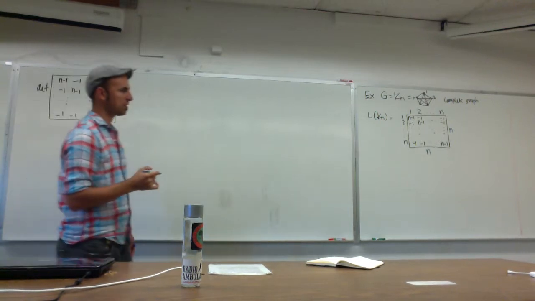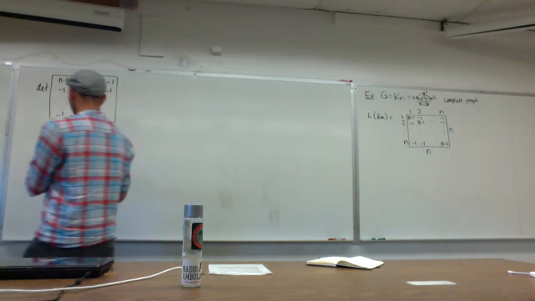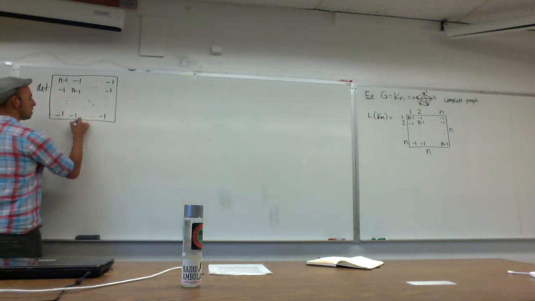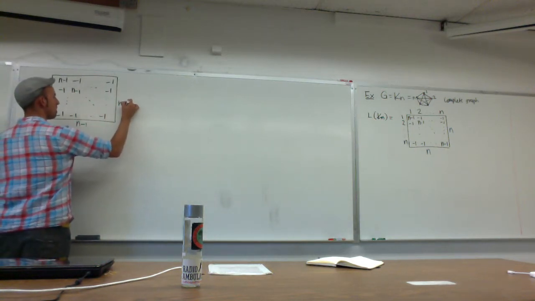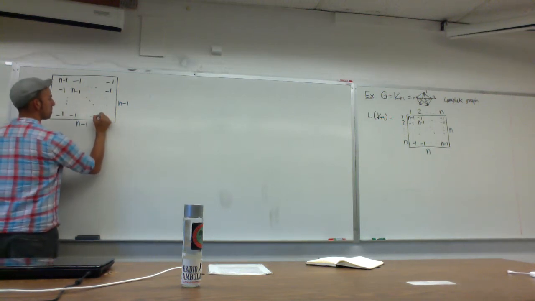But the difference is that this one is singular and this one is not. N minus 1 on the bottom. Oh, yeah. So this is an n minus 1 by n minus 1 matrix, and this entry is not a minus 1, it's an n minus 1.